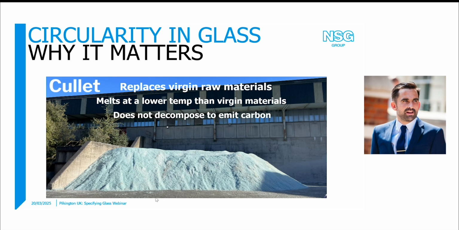It melts, but because the batch materials have already emitted their carbon, burned that off the first time they were melted, cullet doesn't do so when it is being remelted back into molten glass. 10% cullet can reduce fuel on the furnace by 3%. So it has a huge part to play, not just in recycling a material, but also in bringing the temperature and therefore the embodied carbon of the production down.